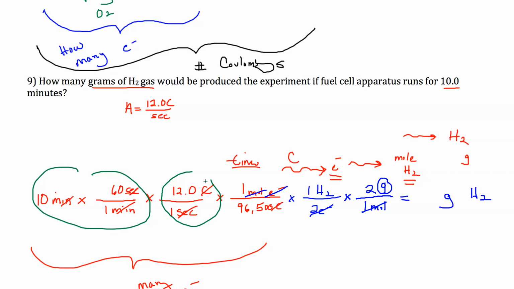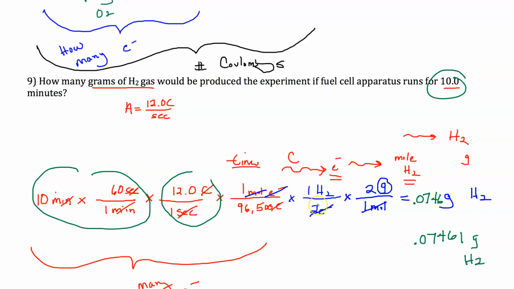And what you get, party people, is 0.0746 grams. Now we started with 3 sig figs here, 10.0 minutes, so we should have 3. So the raw answer is 0.07461, and that's grams of H2.